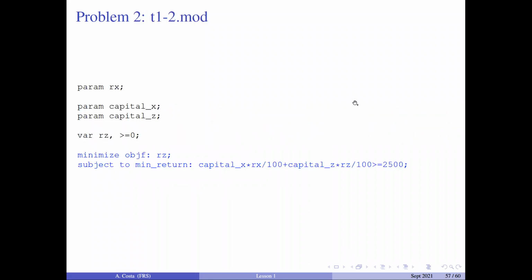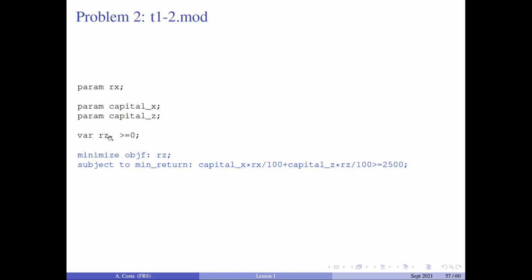So how can we model that? Now we have the parameter Rx from before. If you want to put those as parameters, fine, but it's basically numbers that I will specify in the data file. So how much capital to X is 25,000, right? How much capital to Z is 25,000.